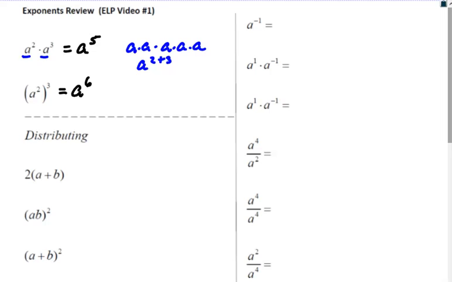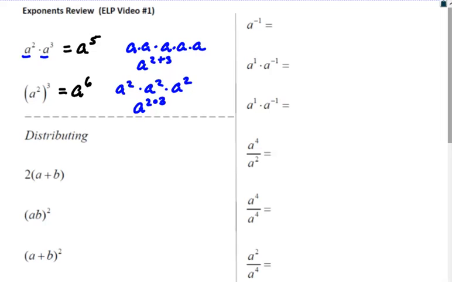Now when we see a squared to the 3rd, we are multiplying the quantity a squared times itself 3 times. So we're saying a squared times a squared times a squared, which means we're adding 2 plus 2 plus 2, or 3 times 2, which is 6. So this is a to the 2 times 3 power.